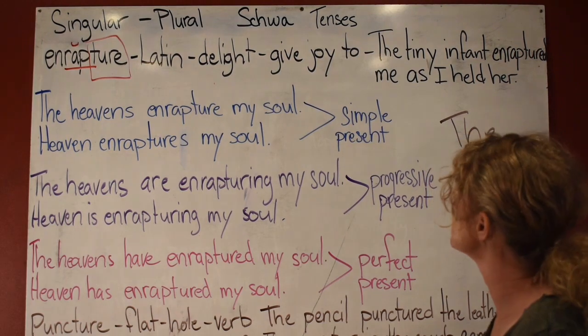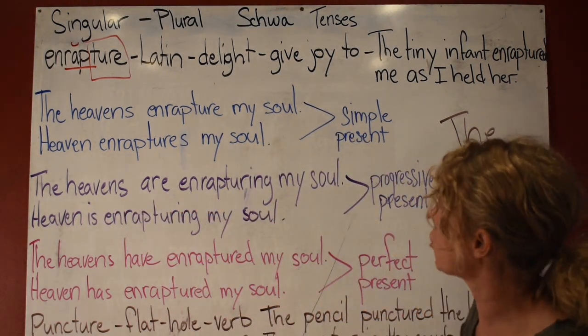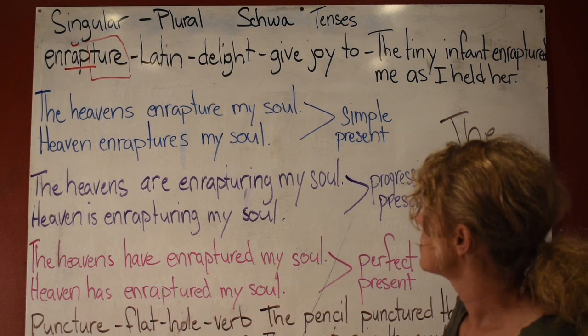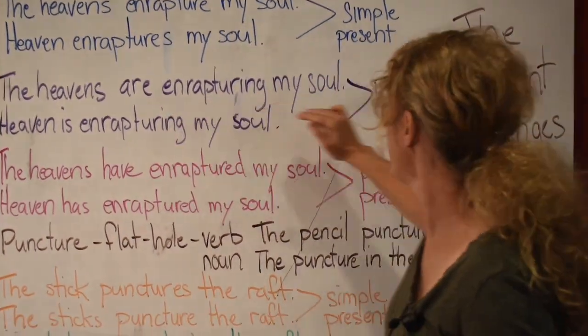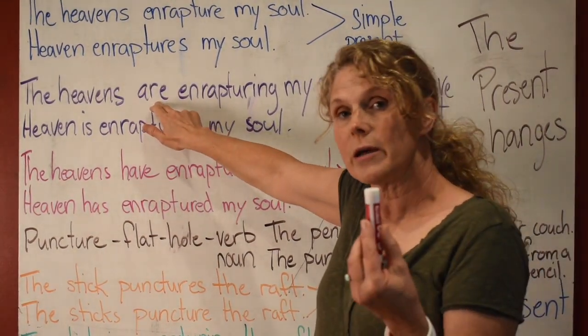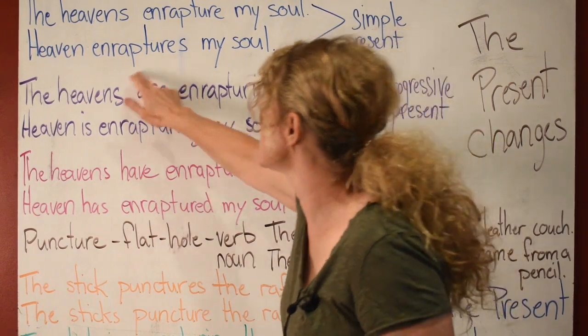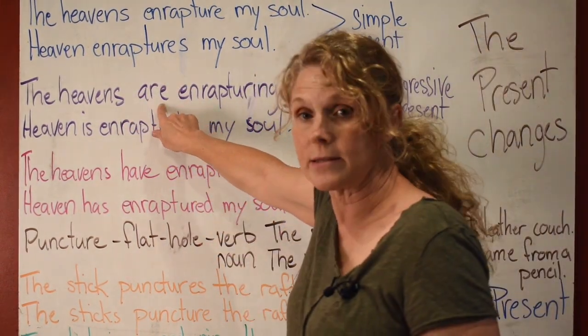Okay, the heavens are enrapturing my soul. So right here, when you have progressive, your auxiliary verb is what is choosing your tense.